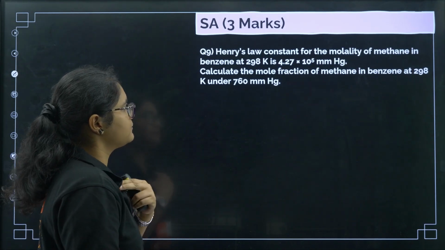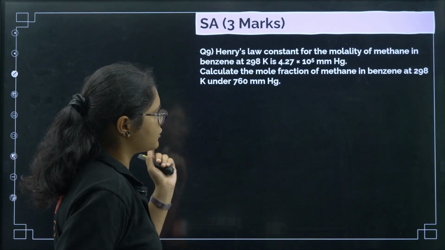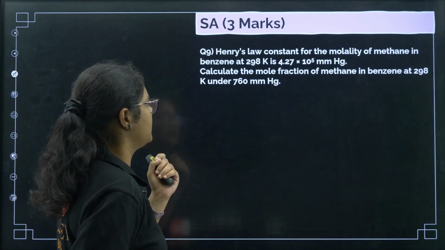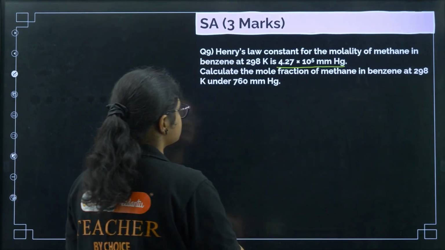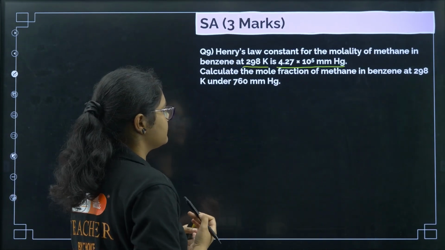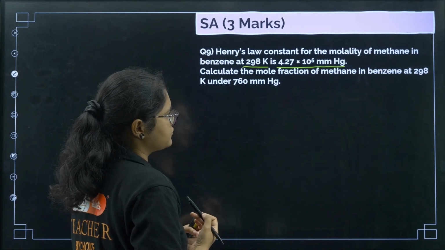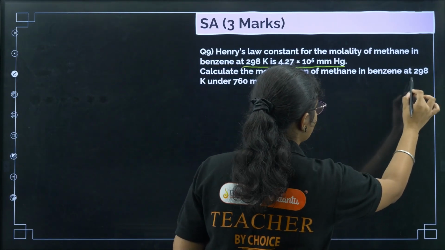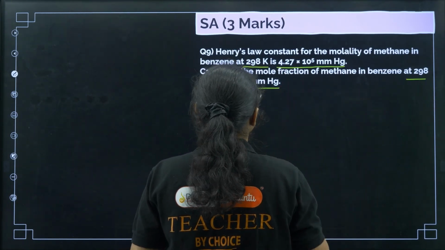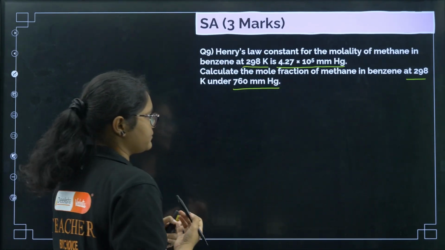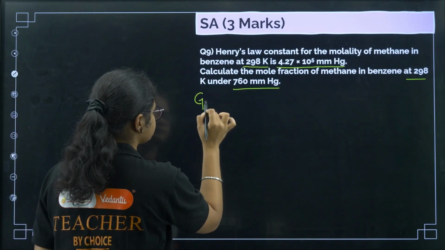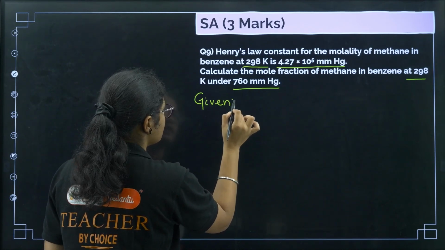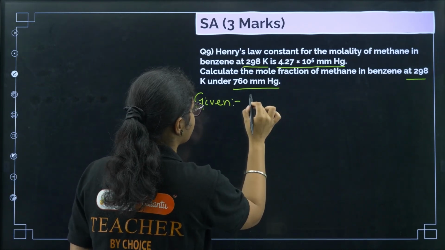Okay, question number 9 is here. Henry's law constant for the molality of methane in benzene at 298 Kelvin is given to you. Calculate the mole fraction of methane in benzene at 298 Kelvin under 760 mm of Hg. This is a very direct question. What are the given data? First let us note down. Given data: first of all, we have the Kh value.